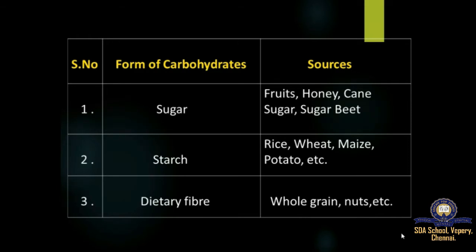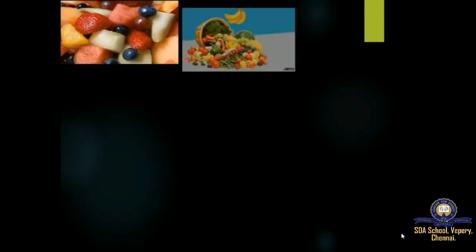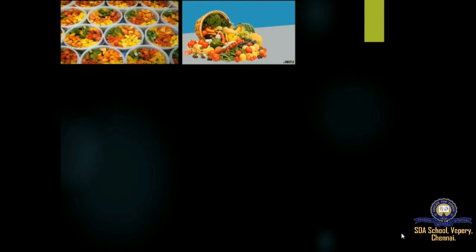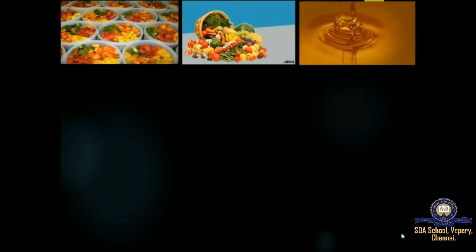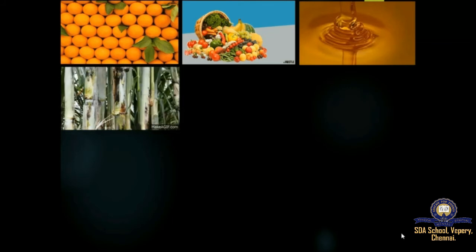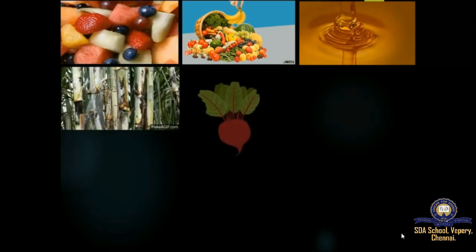Now we'll see the pictures of the sources. The first picture is the fruits, which are sources of sugar, and then the honey, sugar cane, and the beetroot.